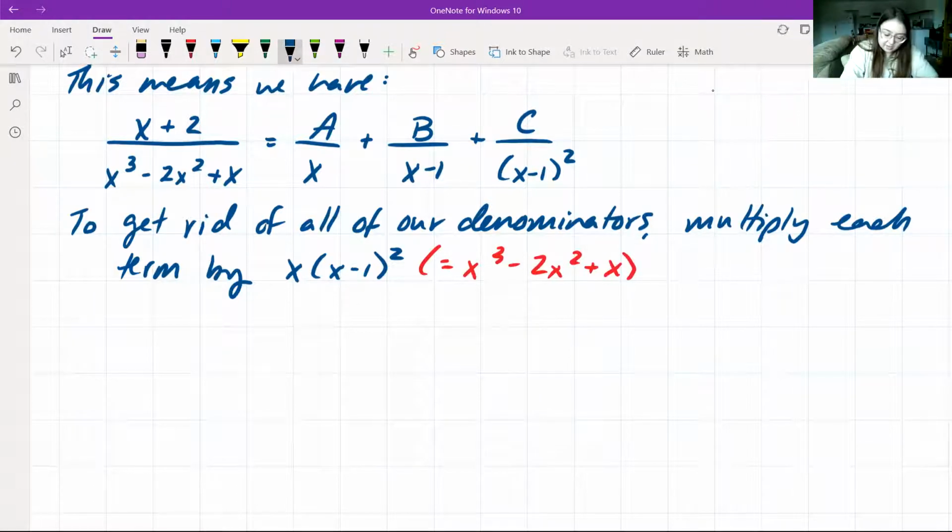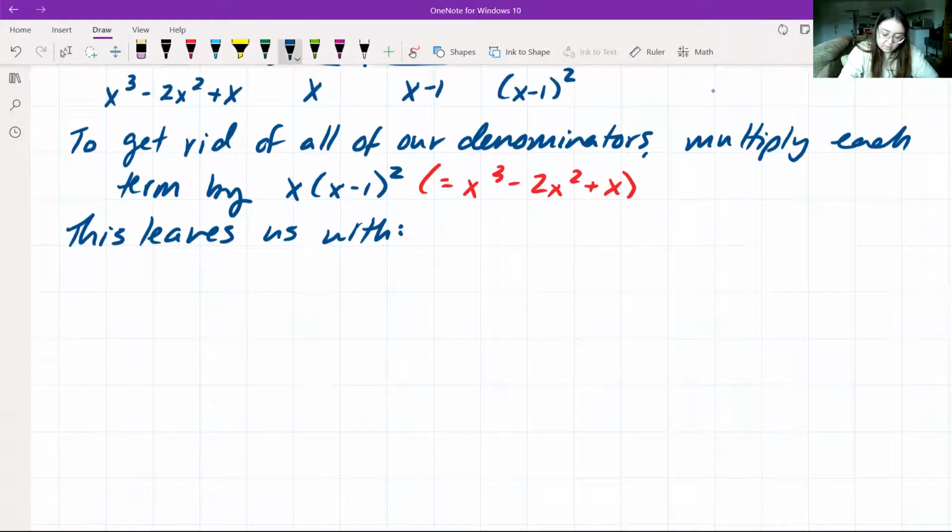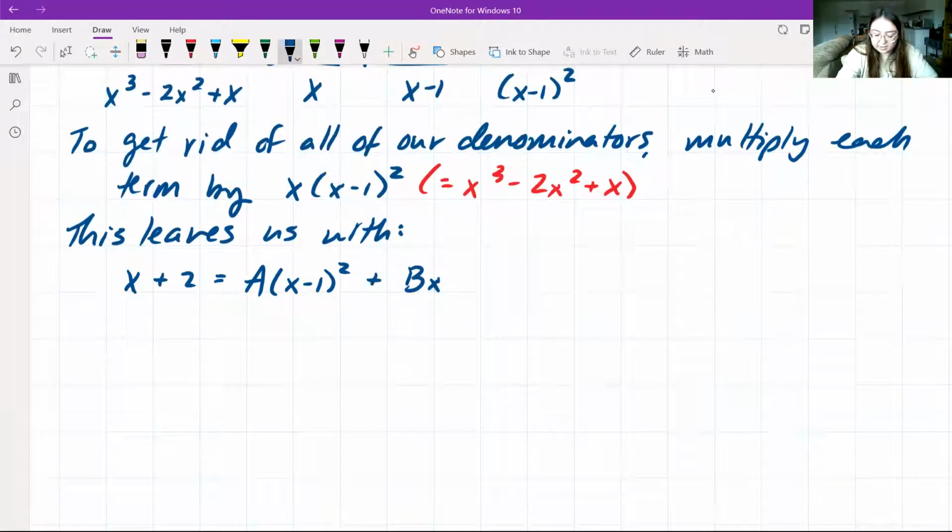So when we do that, this leaves us with x plus 2 is equal to a times x minus 1 squared plus bx times x minus 1 plus cx.